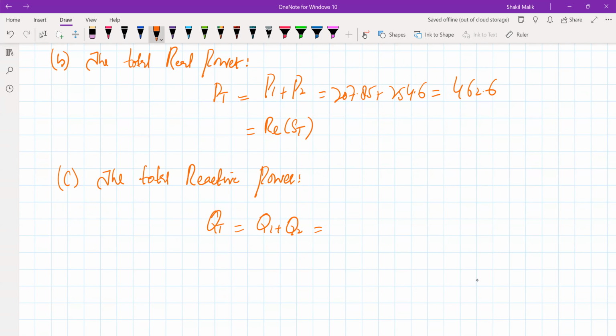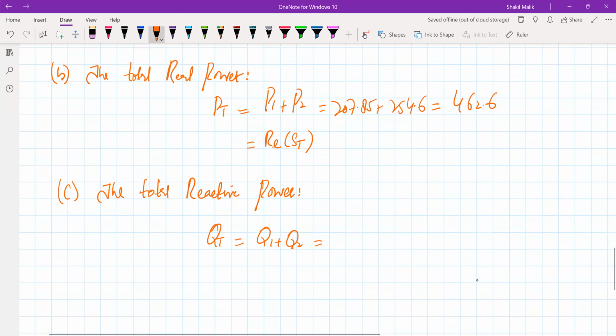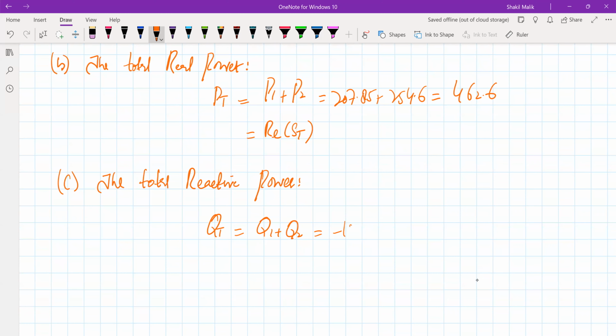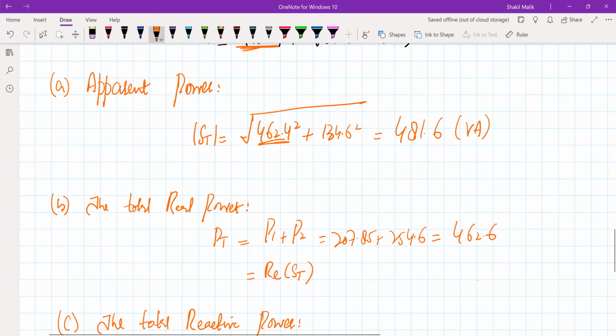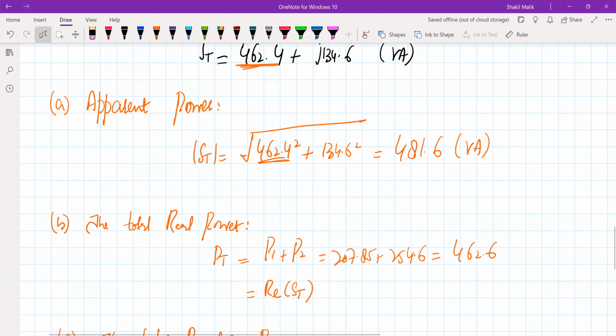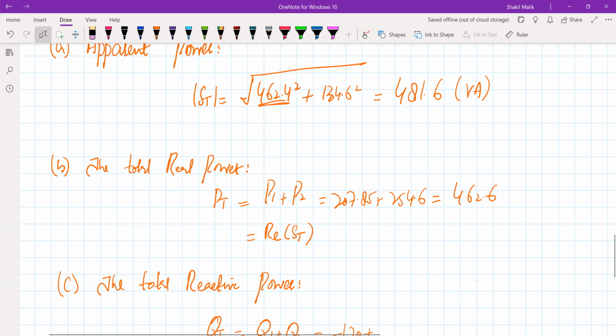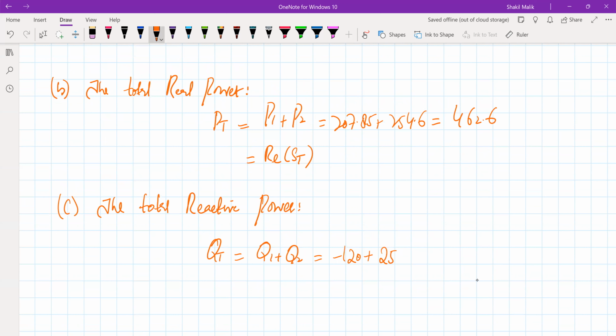So this will be simply minus 120 plus 254.6, which is 134.6 VAR, because the unit is volt ampere reactive.